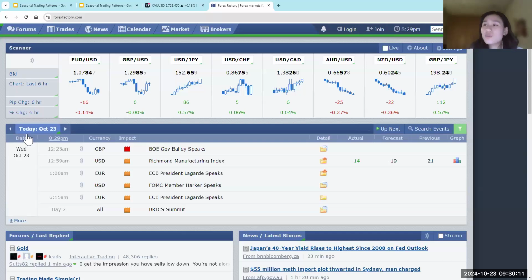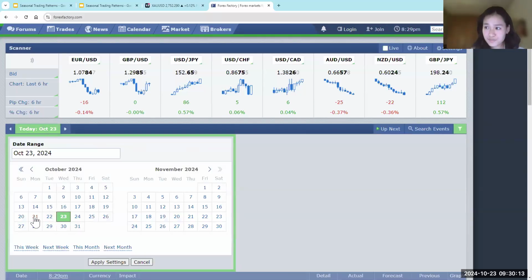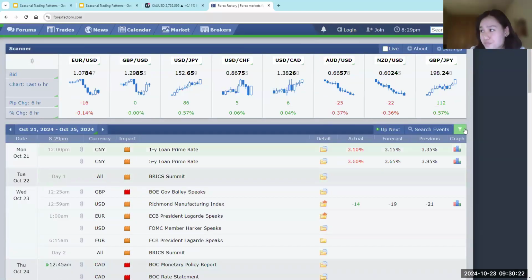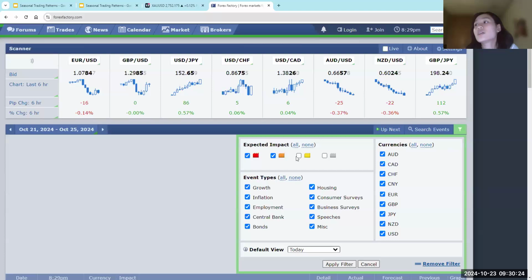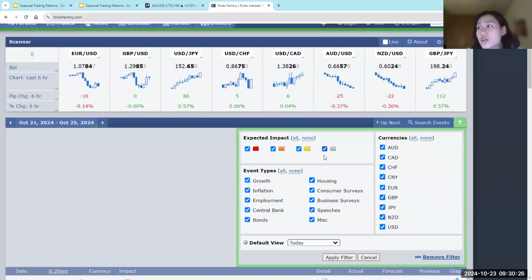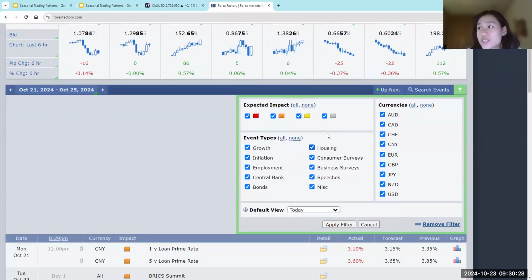Okay, so the default setting is today's date. If we take a look at, for example, this week's events, apply settings, and click on this green icon, you can look at the different expected impact of the events.